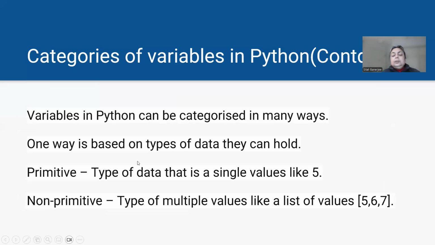Now, Python variables can be categorized in many different ways. Python has something called a function, and then we have global variables that are shared by all the functions in a Python program. There are local variables that belong only to a given function, but we'll not discuss all those things yet. We can categorize variables in another way.